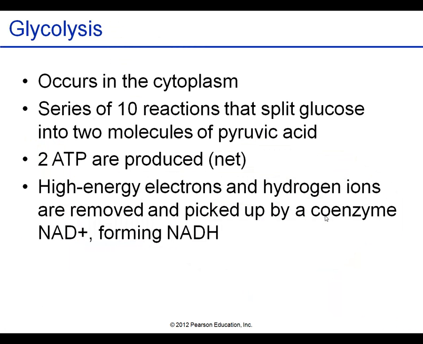In glycolysis, you start with a sugar molecule that's a 6-carbon molecule. You break it up into 2 through different enzymatic actions, and you end up with 2 ATP, 2 pyruvic acid. The pyruvic acid are 3-carbon molecules, and you get some energy, which is the 2 ATP, but you also get something that's carrying electrons for you, and these will be your NAD.